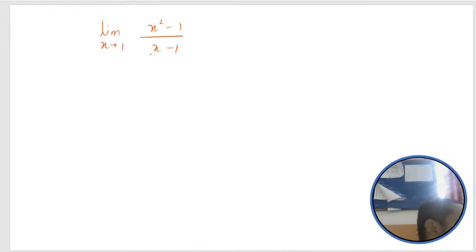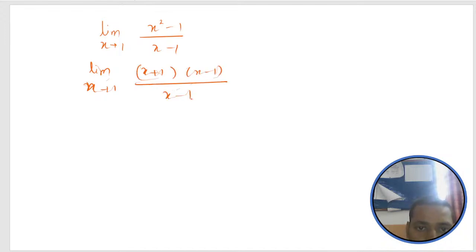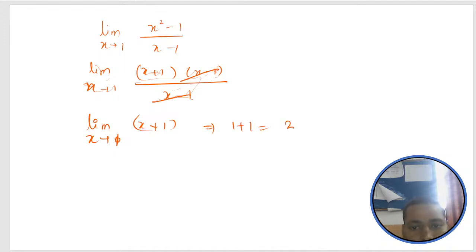Then limit x tending to 1, x square minus 1 can be factorized, which is written as x plus 1 and x minus 1 divided by x minus 1. x minus 1 and x minus 1 can be cancelled, and limit x tending to 1, x plus 1. Then in the place of x you can write 1 plus 1 can be 2, correct. This is also a method to calculate the limit of the function.